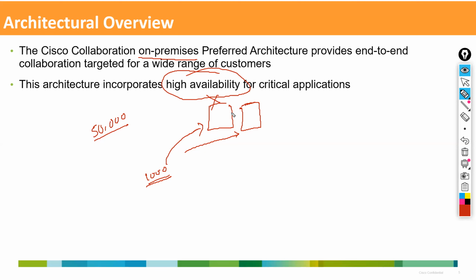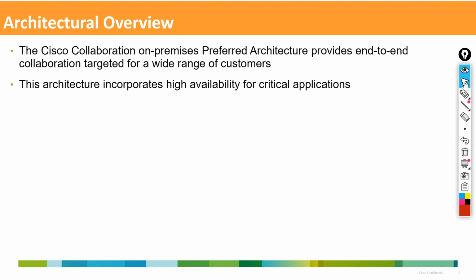If that complete server is down or crashed, then no service. It affects, and when it affects, a huge loss. That's why redundancy is very important. In the architecture we incorporate high availability here. If you go into on-premises, high availability is also a very critical application.